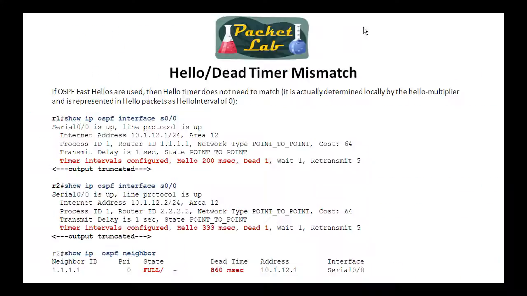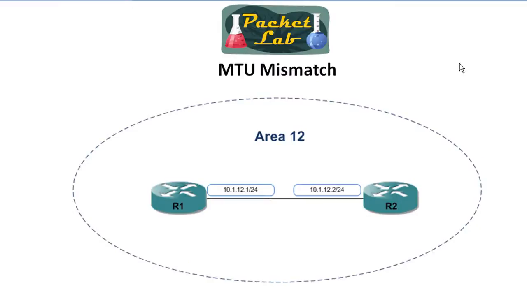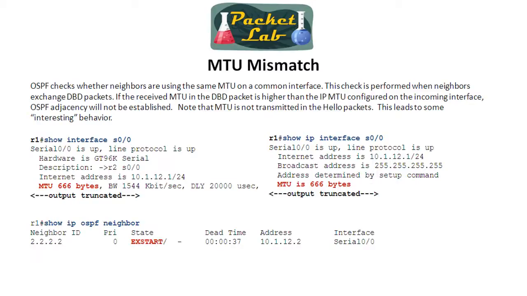So let's move on. Now let's take a look at an MTU mismatch. We're going to use the same simple topology as before. Everything's in area 12, interfaces haven't changed. What's going to happen though is we're going to change the MTU on R1 Gi0/0 and see what kind of havoc that will wreak. OSPF is going to check whether neighbors are using the same MTU when they're on a common interface.